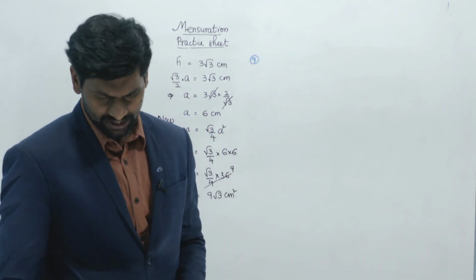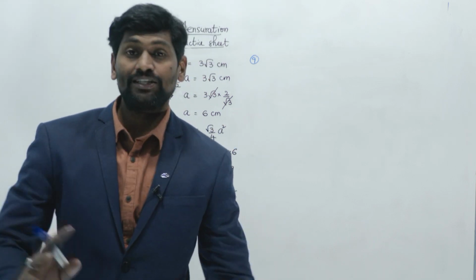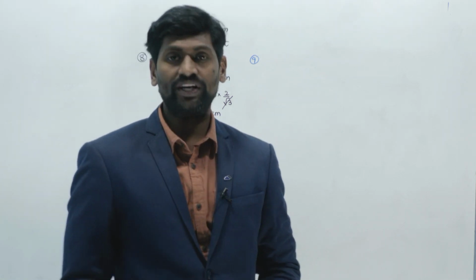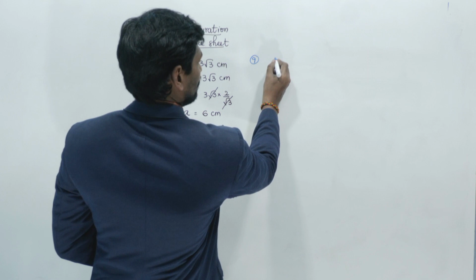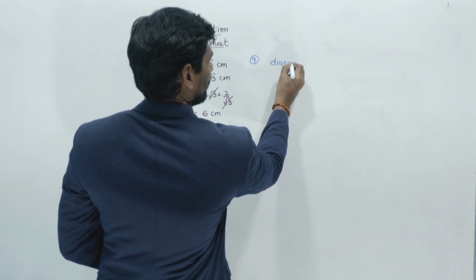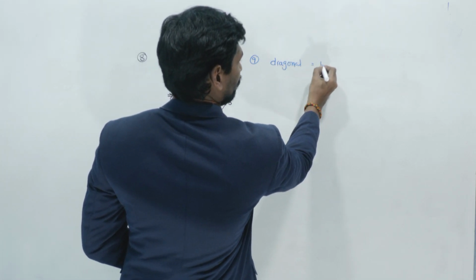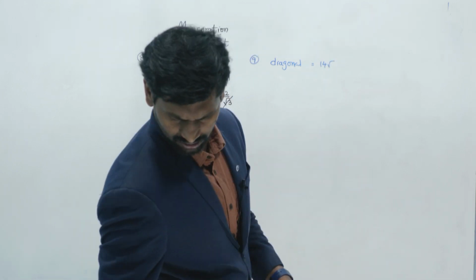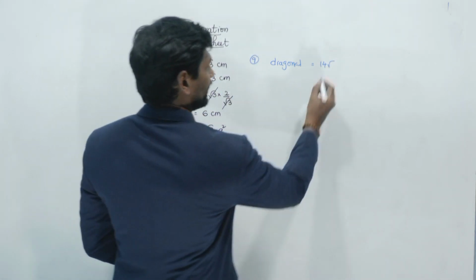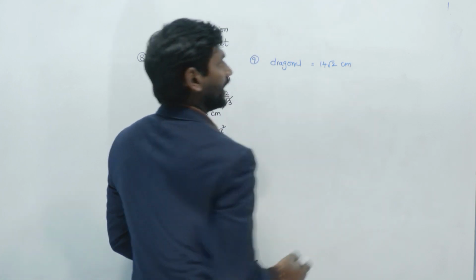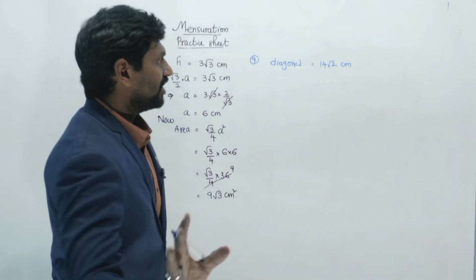The ninth problem is given that the diagonal of a square is 14 root 2 centimeters. We need to find out the area of the square.